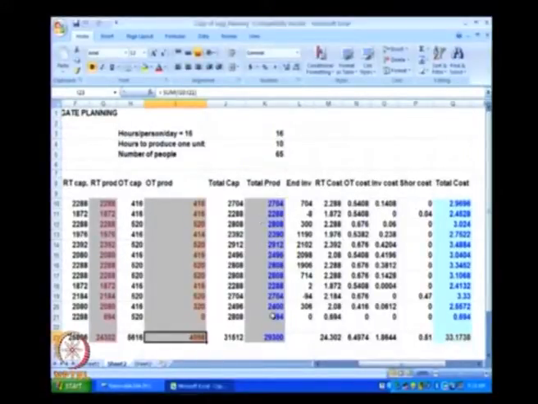What should be the total production quantities such that this cost is minimized? Now, this is the aggregate production planning problem.